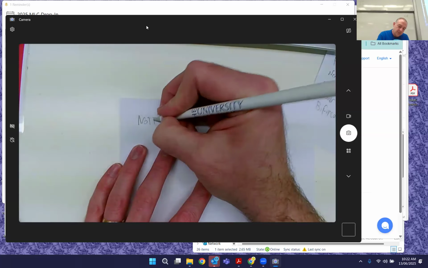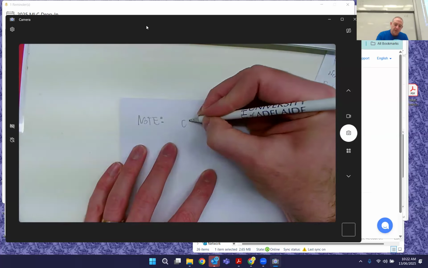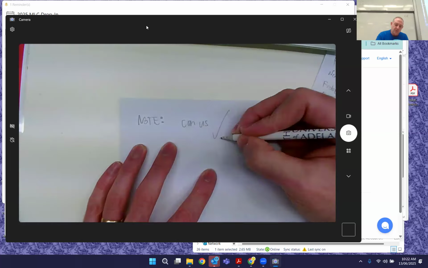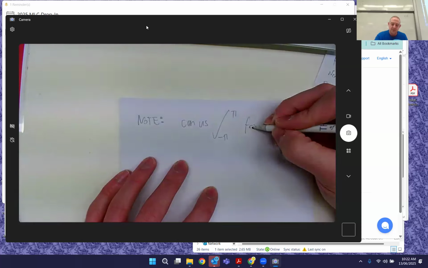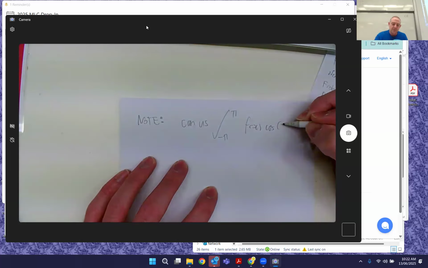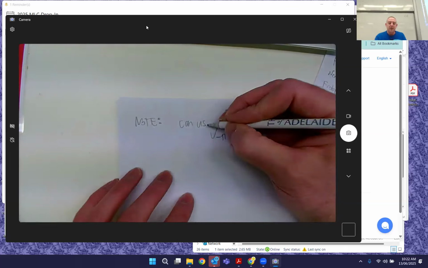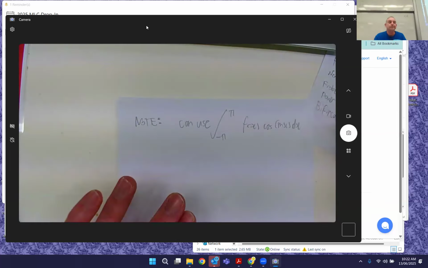Use the integral from minus pi to pi of f of x cos mx or whatever it is, because as long as you use an entire period, it'll be okay.